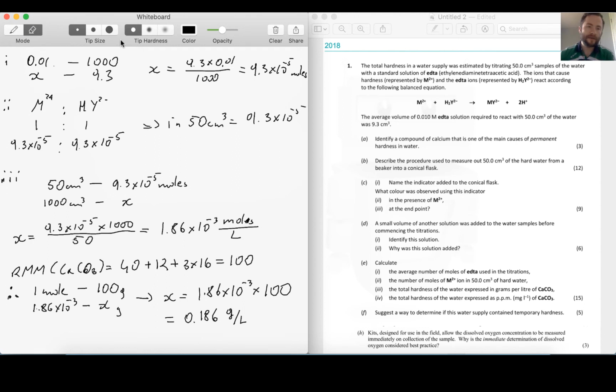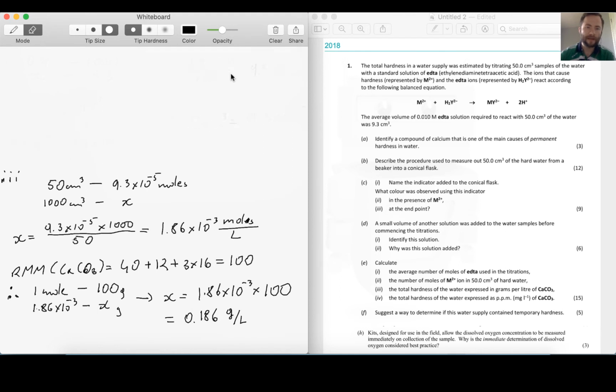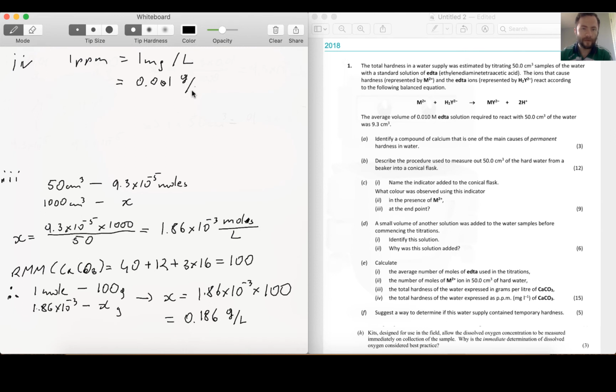And then the last question is for me to find the total water hardness in parts per million. And this is actually very handy to do. All I need to remember for this is the following: that 1 part per million is 1 milligram per liter, or in other words, 0.001 grams per liter.